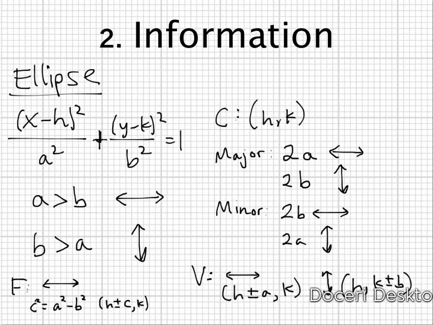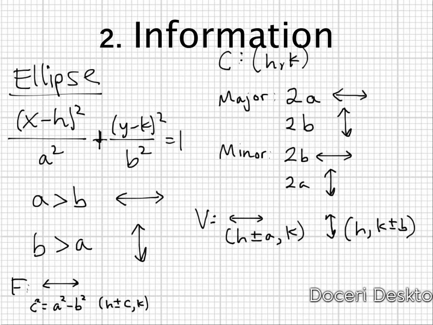Let me move some of this stuff so that we have more room. If we're going up and down for my focus, we do c squared equal to b squared minus a squared, because b is our bigger value. And since I'm affecting my y value here, the point would be h comma k plus or minus c.